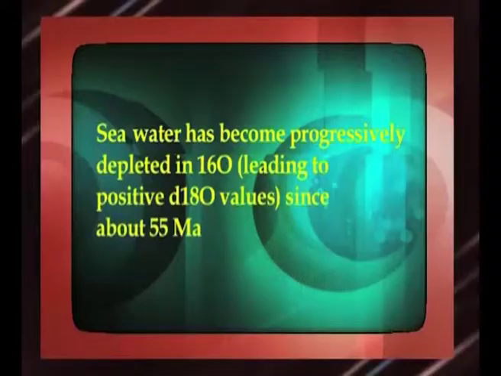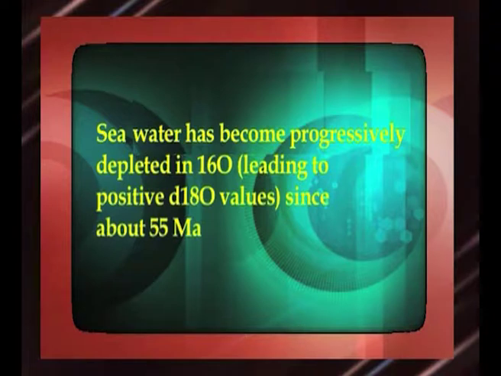The oceans became relatively depleted during the glacial episodes, shells therefore showing delta O18 enrichment by comparison with interglacials. In the longer term, the delta O18 trend for ocean water suggests that seawater has become progressively depleted in oxygen 16, leading to more positive oxygen 18 values.